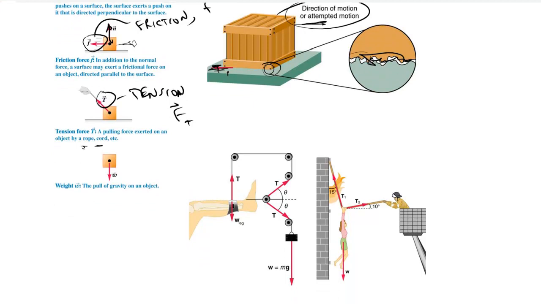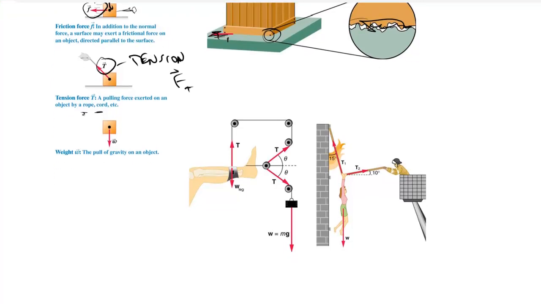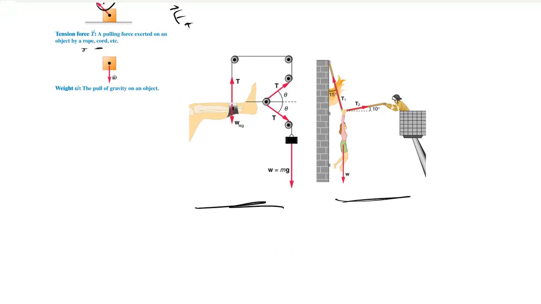Another quick note on the tension. In this class, we'll assume, unless it's otherwise stated, that we have an entirely massless rope. So the mass of the rope itself won't be any additional weight or force. So if we have a massless rope, like we have in both of these cases, here and here, we have a massless cable or massless rope. In the first figure, we have some weight over here with some force going down like that, and then we have some weight here with some little force going down like that. And then these are connected by this string.